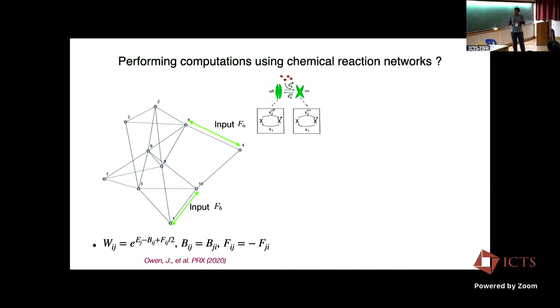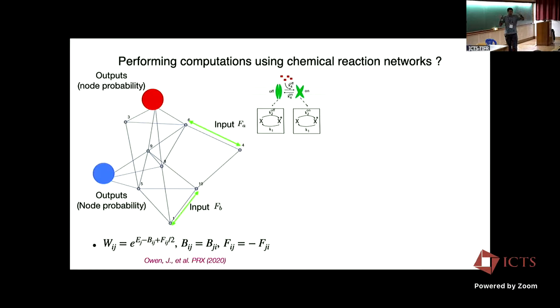And the outputs are going to be the concentrations or the probabilities, depending on the language you're most interested in, of two nodes you have chosen. We can play this game with arbitrarily complex topology, with networks of arbitrary size. You can play the game in any way you want. But this is how we are going to set up this basic problem.